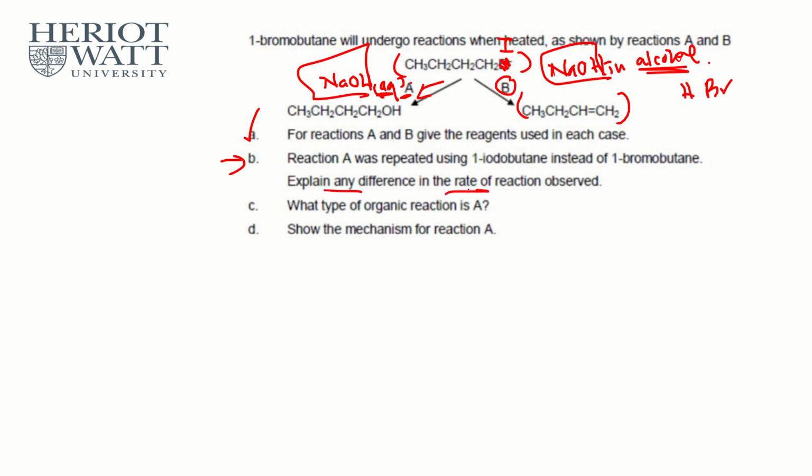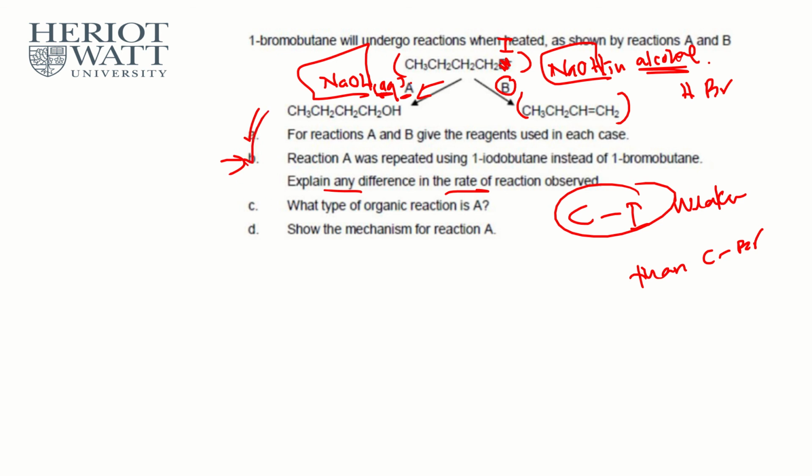Explain any difference in rate of the reaction observed. So what's the answer? It should be the higher rate. It should be faster. Why? Because the C-I bond is weaker than the C-Br bond. So the breaking of C-I is easier, therefore the time taken for the reaction will be shorter. So therefore the rate of reaction is faster.